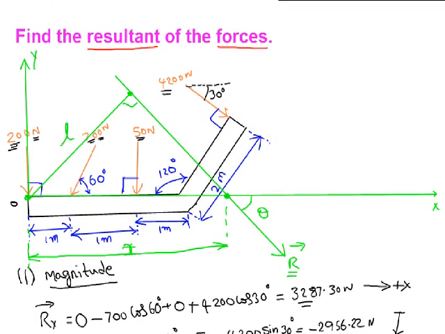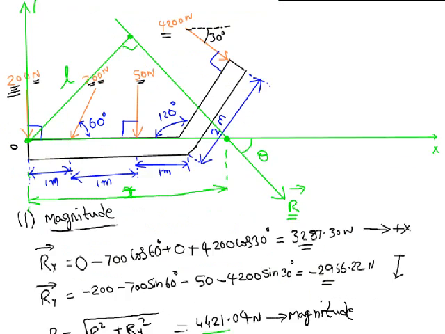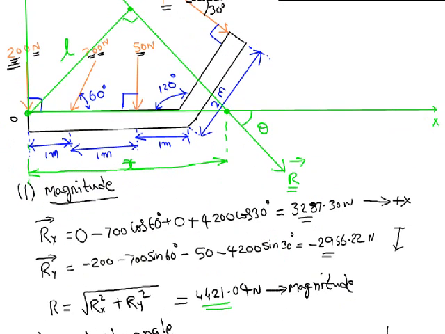This 200 Newton force does not contribute any moment because it is passing through the point about which we are taking moments. Now this 700 Newton force, we can resolve into two components. One component Ry as shown here, and another component going along this, Rx.